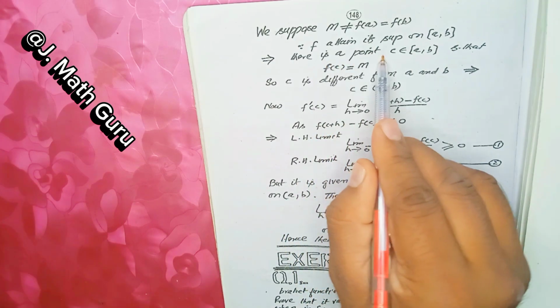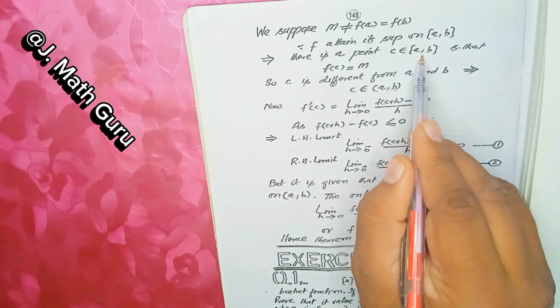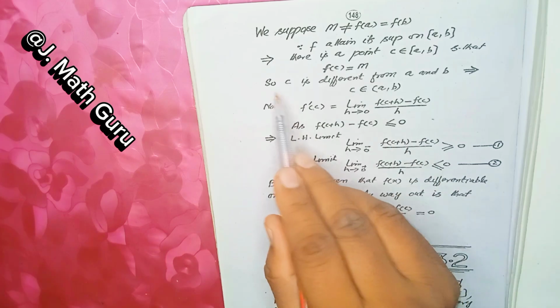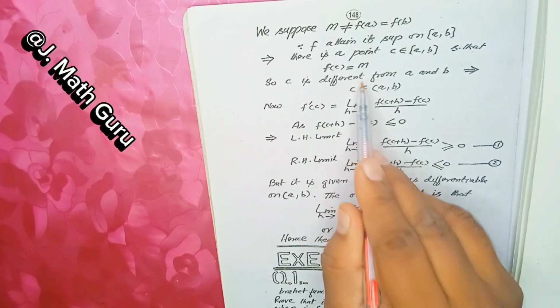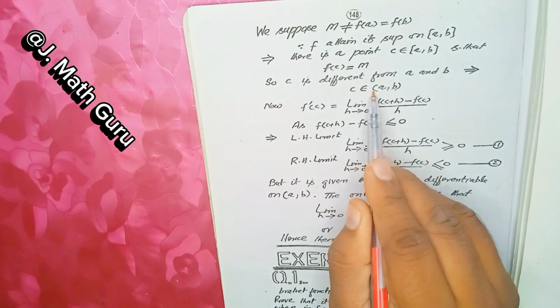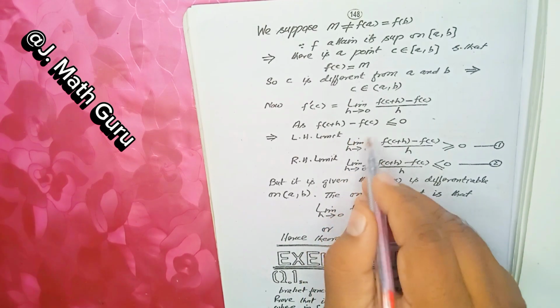There is a point c from this interval such that f(c) is equal to the supremum. So c is different from a and b, which implies that c belongs to the open interval (a, b).